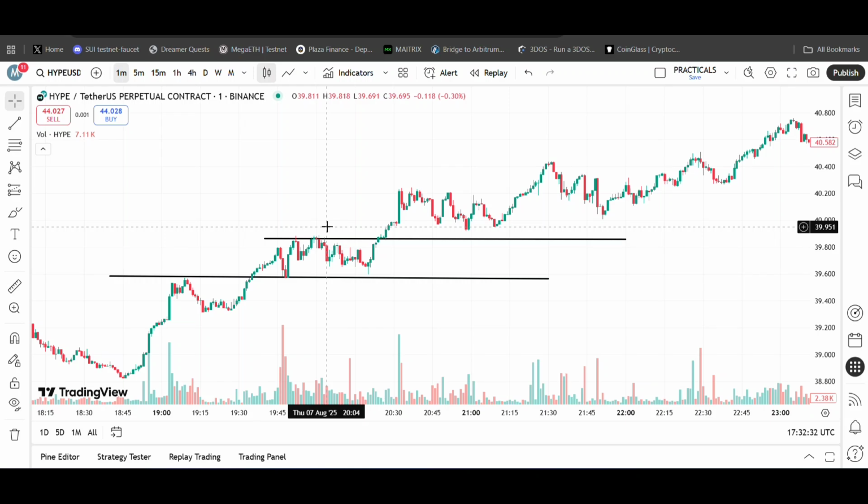Now if you change your time frame to 1 minute, you actually find out that the market formed a double bottom. So this would have been a confirmation to you that this market was going to continue its uptrend movement, and then you have that conviction to enter your trade here and then take it off.